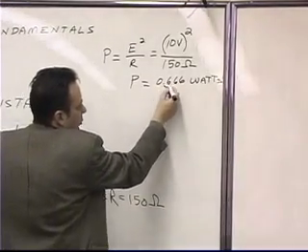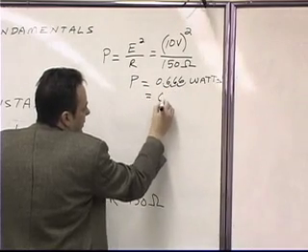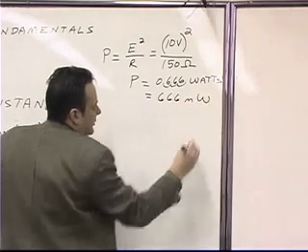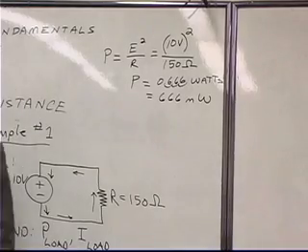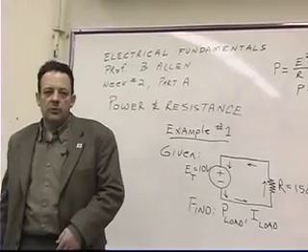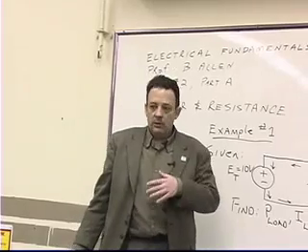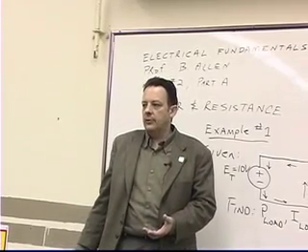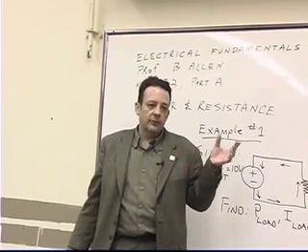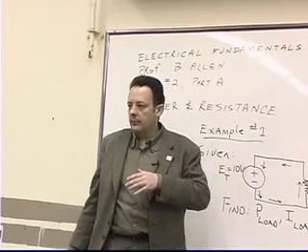So if I move this 1, 2, 3 spaces, then that's the same thing as 666 milliwatts. And that's typically how that would be expressed. Okay? Either one of them is equally correct mathematically, but sometimes on exams in here and also aptitude exams that you'll take for companies, they may ask you for the answer in milliwatts, and you've calculated it in watts, so you have to be able to do the conversion.